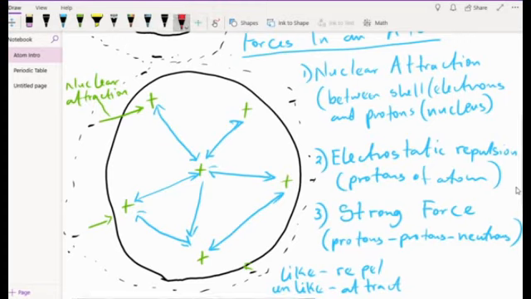So that means let's use carbon. So we have 6 protons and neutrons: 3, 4, 5. Let's put the last one here. 6. So there's a force that exists between this and this.